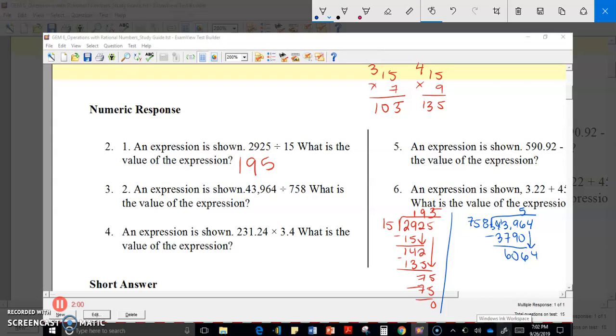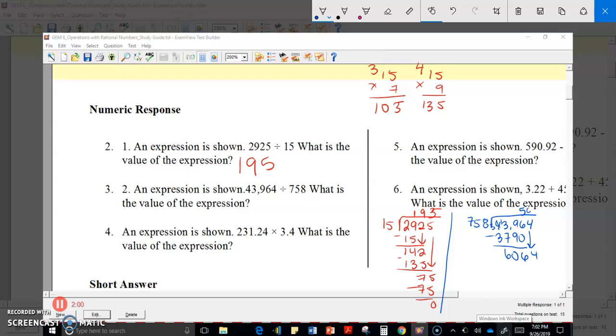Now, how many times does 758 go into 6,064? Let's try times 6, times 7, I can keep going, times 8.